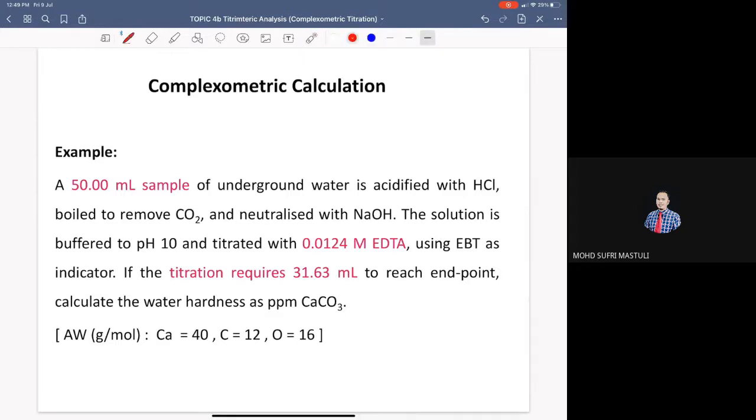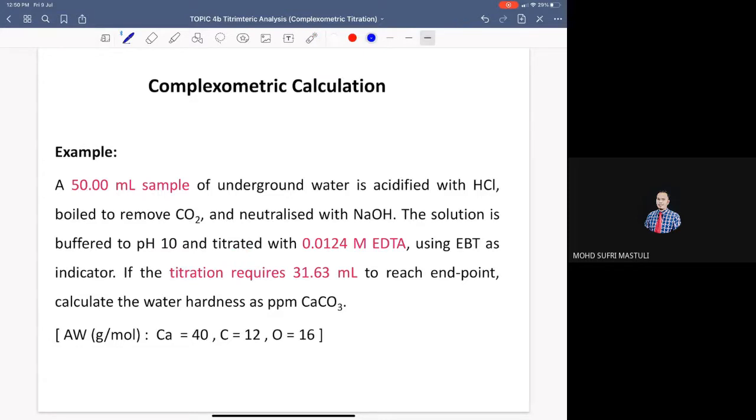Okay, so let's see what kind of information we have here. A 50 ml sample is acidified, neutralized, and so on, then buffered and titrated with EDTA.